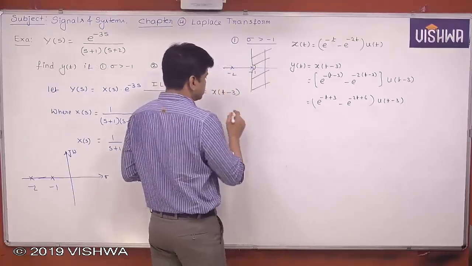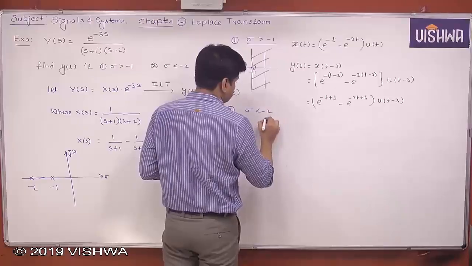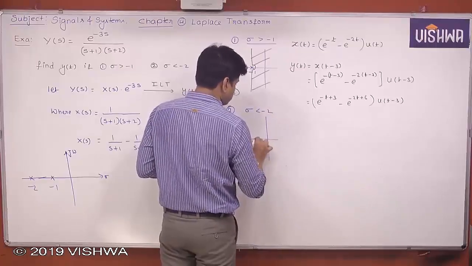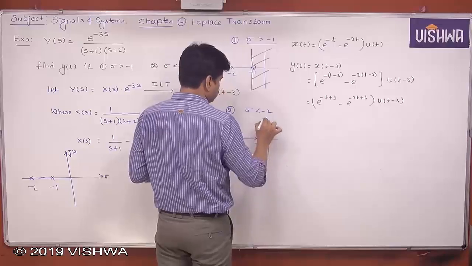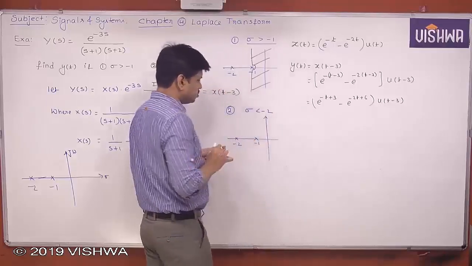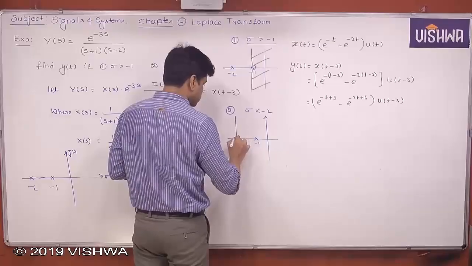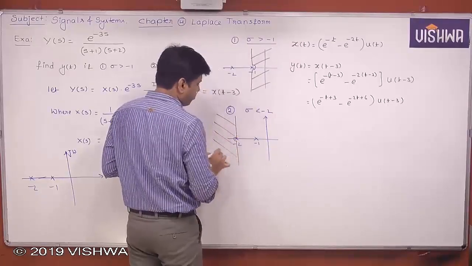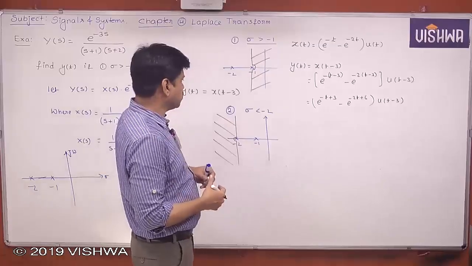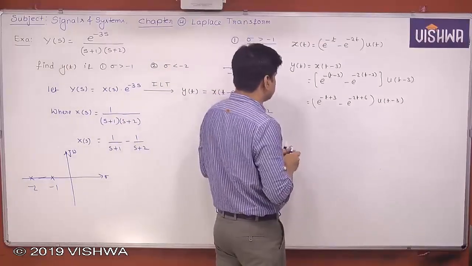In second case, sigma less than minus 2. Sigma less than minus 2 means this is what? This is the ROC we have to consider. Okay. So you tell me for this, what is x of t?